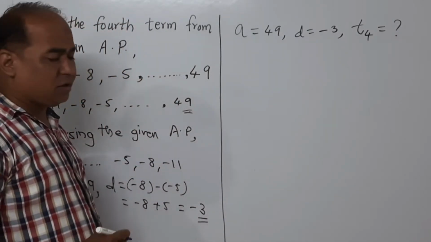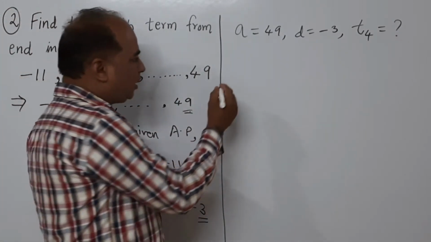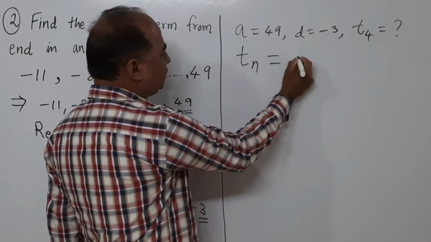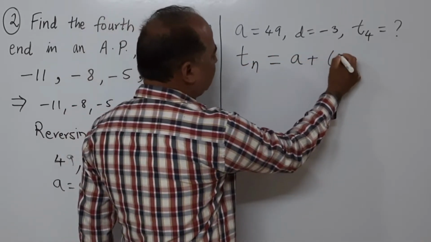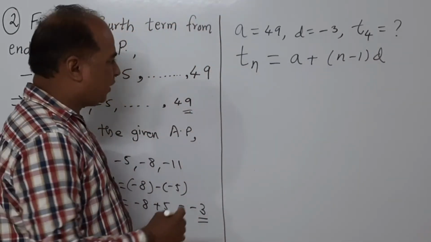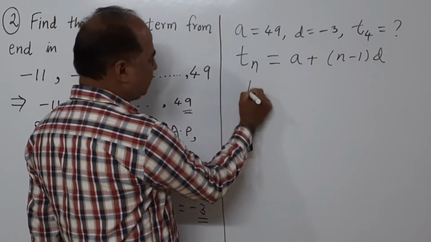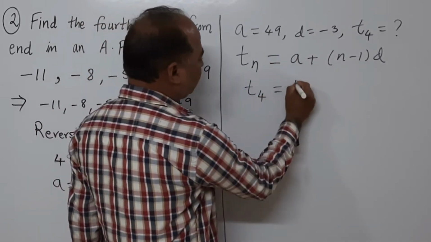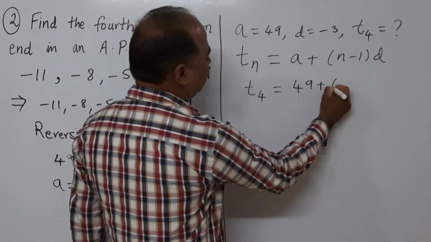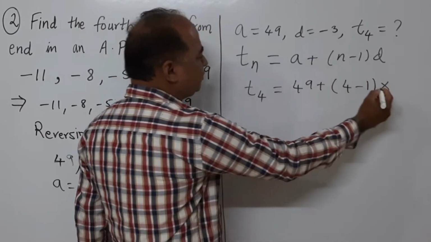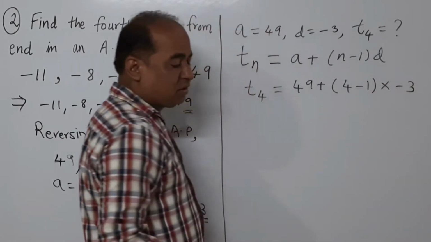For the given AP, the formula to find the fourth term, that is for an AP, Tn is equal to A plus n minus 1 into D. So for n is equal to 4, the fourth term T4 is equal to A 49 plus n, which is 4 minus 1, into D is minus 3.